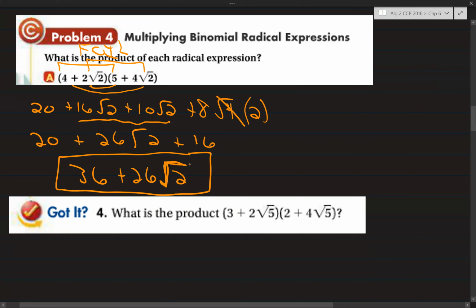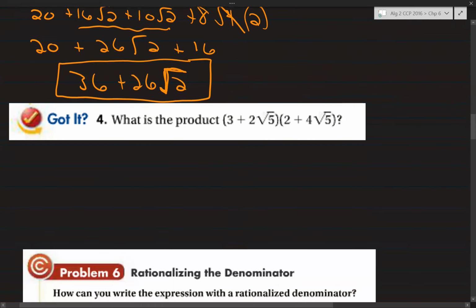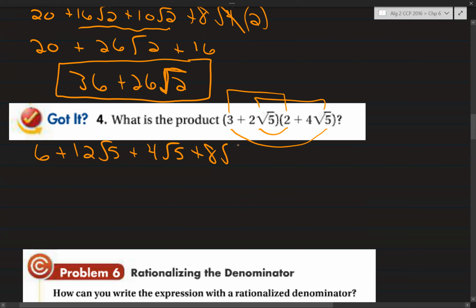All right, let's try that again. So first term is 6. On the outside, 3 times 4 is 12. And there is the square root of 5. On the inside, 2 times 2 is 4. And there is the square root of 5. And on the very last, 2 times 4 is 8. 5 times 5 is 25.